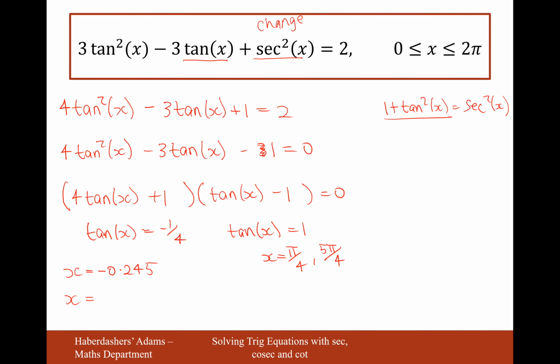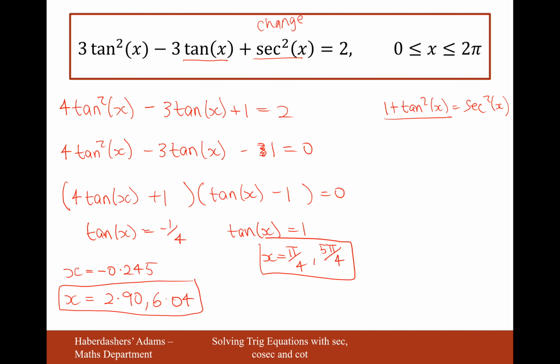Let's add on pi, and we get 2.90, and then add on another pi to get to the next solution, 6.04. So we've got 4 solutions here, 2 on this side, 2 on this side, and there we are. That's the answer to this question.